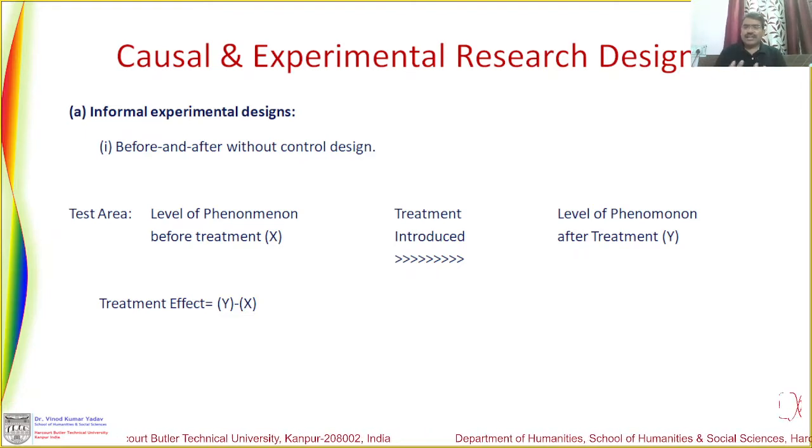So informal experimental designs are those methods which usually you do in your daily life, whereas the formal experimental design requires more rigorous statistical and analytical tools, whereas informal experimental designs don't require any strong statistical or analytical tools.